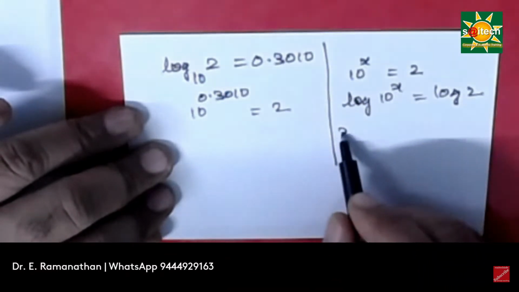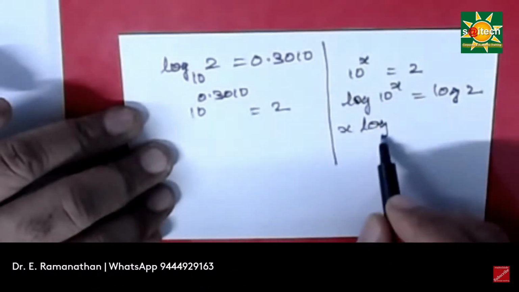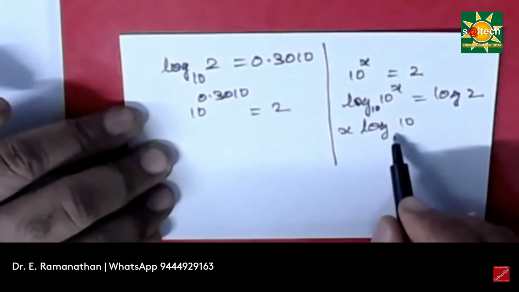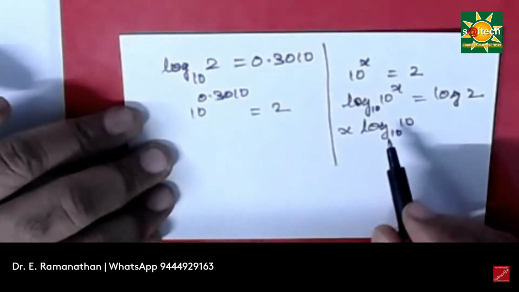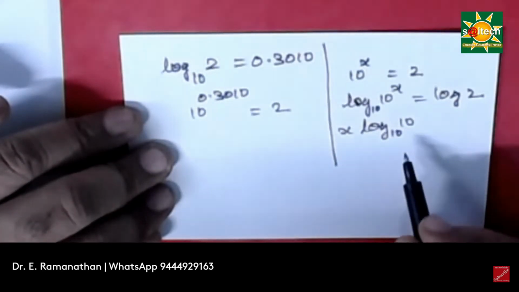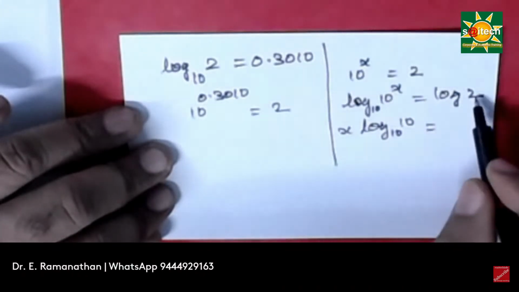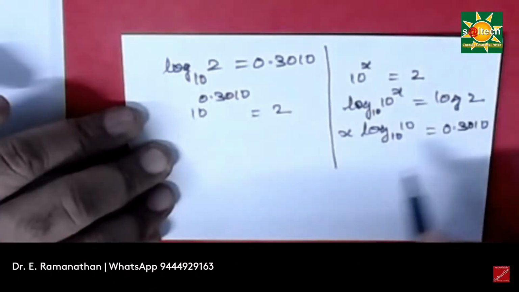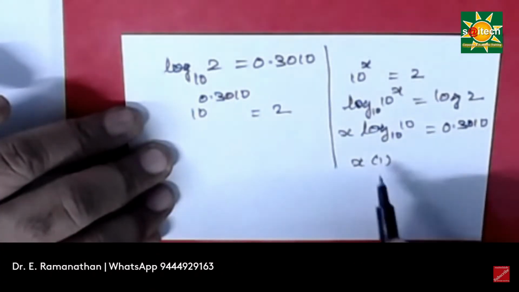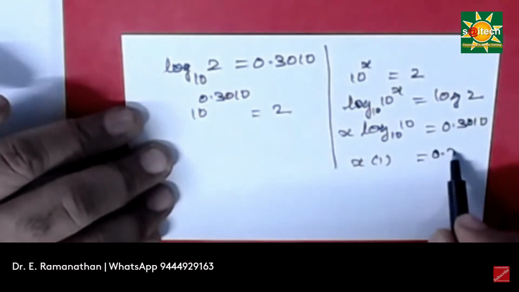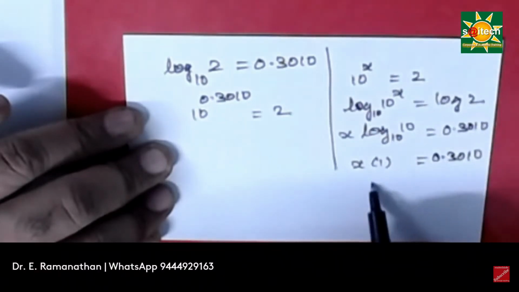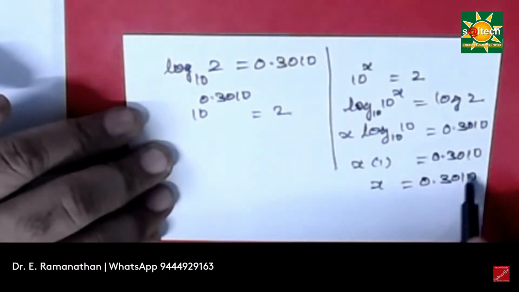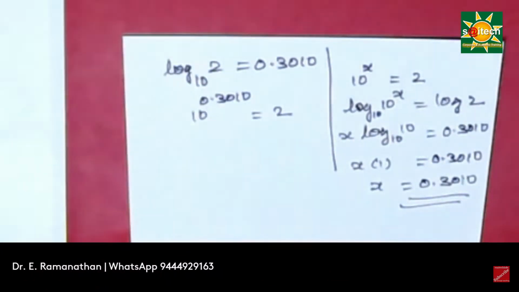So I can put x log 10. Of course this is base 10. As I already explained, log a to the base a is equal to 1. So that is equal to log 2, which is nothing but 0.3010. Now x into 1 is equal to 0.3010. Therefore x is equal to 0.3010. Are you able to follow this?